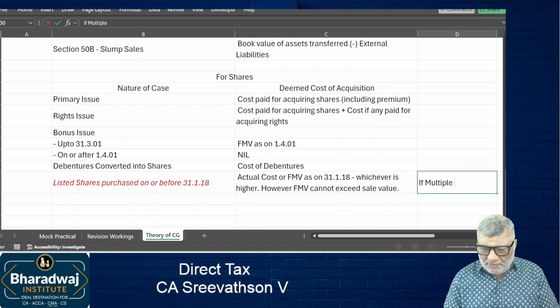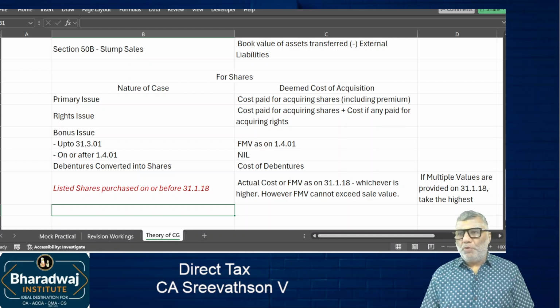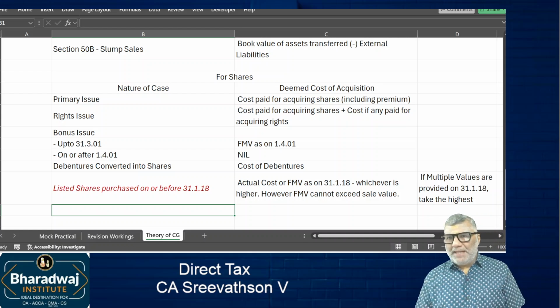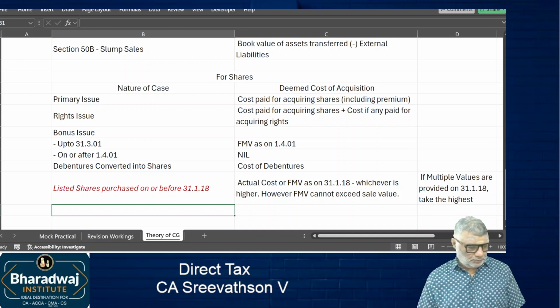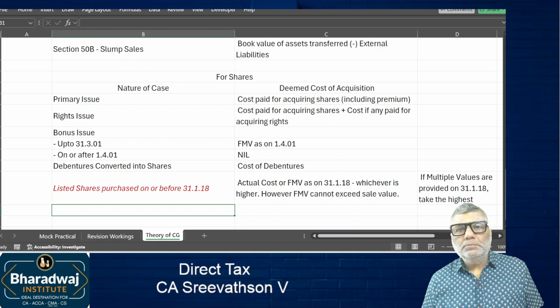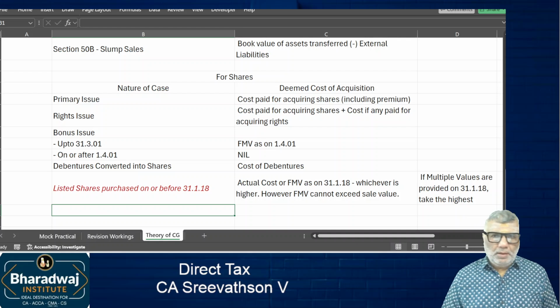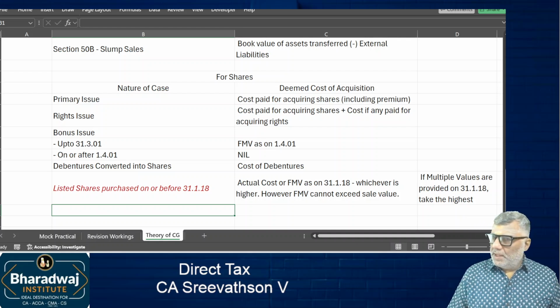If multiple values are given on 31/1/18, take the highest value. Is the class clear?